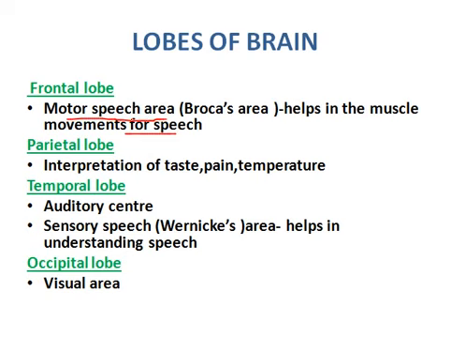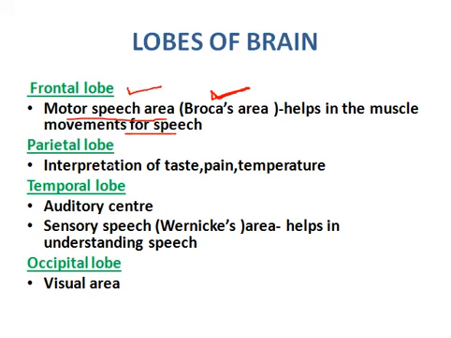This will help you to speak, to move your muscles for speech, to move your mouth and everything. That is the frontal lobe. The motor speech area is otherwise called Broca's area. In the exam they will mainly ask you Broca's area is situated in the frontal lobe, very important.